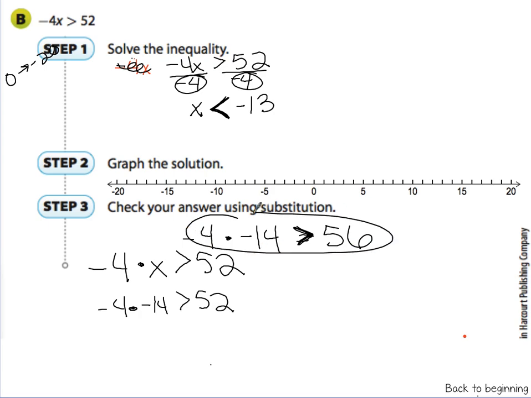This is what I got, that negative 4 times negative 14 is 56. So 56, is it greater than 52? Yes, it is. So I know that this is true. So I know I did right.